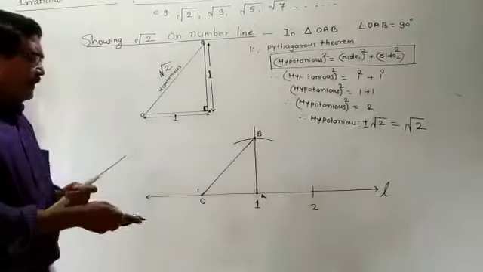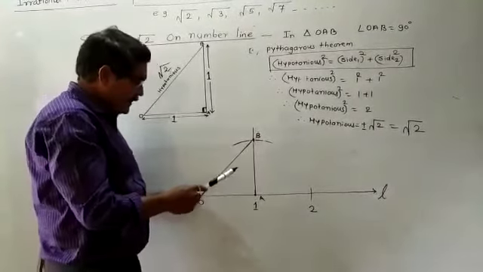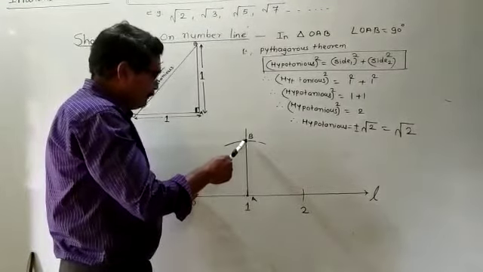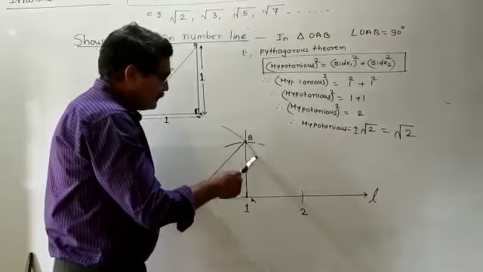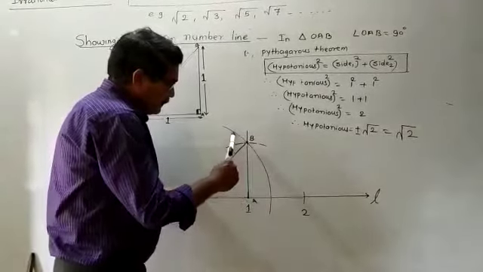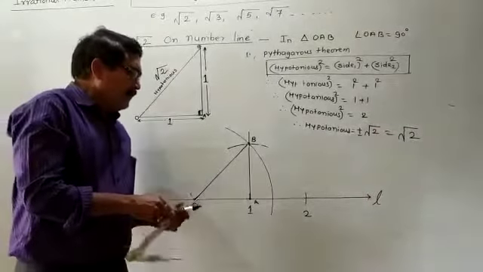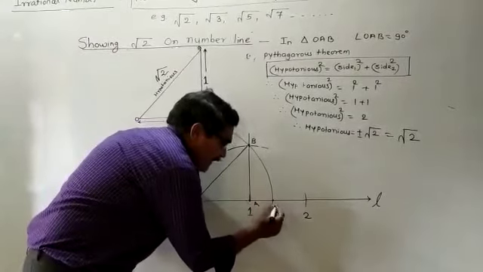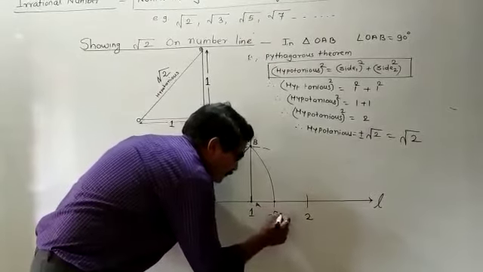Once you will draw the OB, at that time you have to take this O as the center. This OB distance you have to take on the compass, and you have to make the arc like this. Once you will draw this, at that time whatever be the point, this will intersect to the line. This is called as the square root of 2.